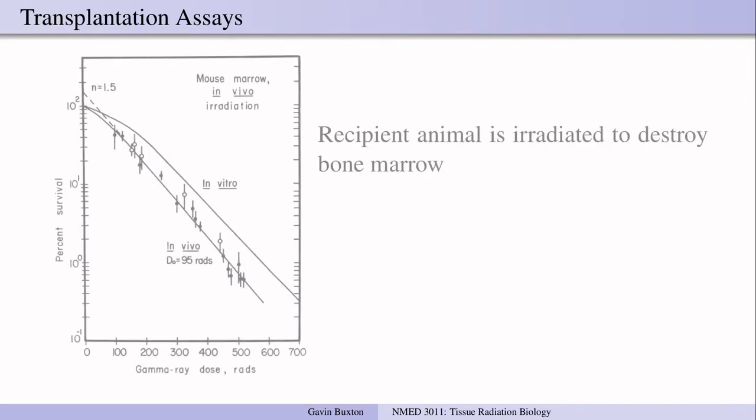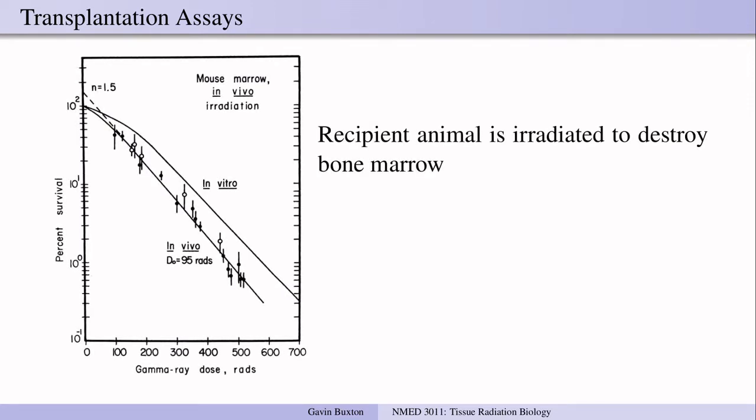Another type of assay is transplantation. Transplantation assays are a little strange. Basically, you irradiate or poison an animal and eliminate all of the stem cells in that animal.